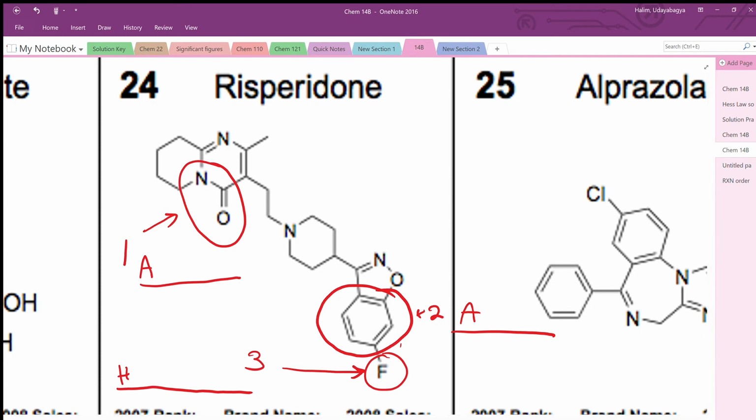Number two is yes-ish, but the specific name for it. So this one is an amide. Two is aromatic, which is a good guess. Cyclic alkene is aromatic. The last one here is haloalkanes. Technically, this is an alkene, so this is a haloalkene.